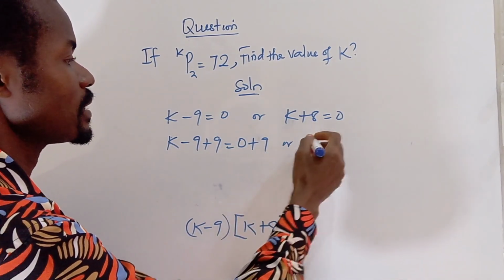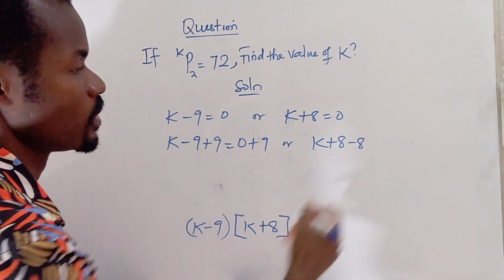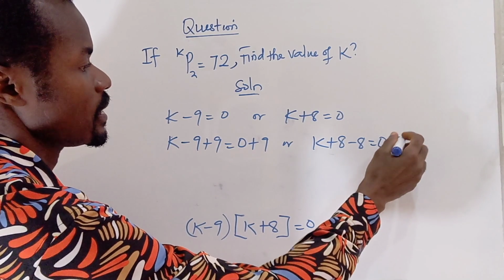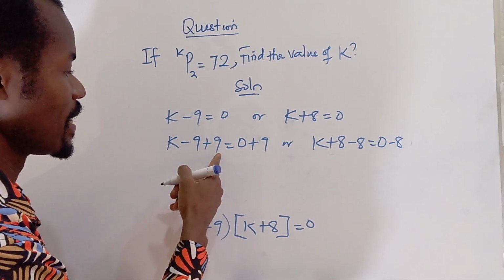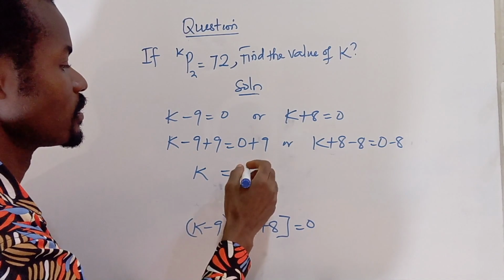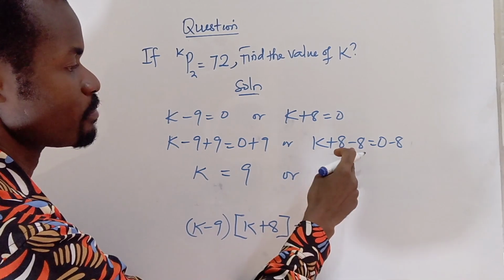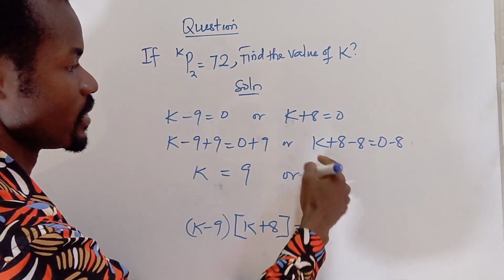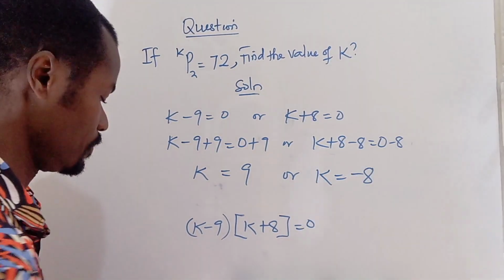Here, since we have positive 8, we are going to put minus 8, so we have 0 minus 8. So minus 9 plus 9 gives us 0, so k is left equal to 0 plus 9, which is 9. Or here we have plus 8 minus 8 which gives us 0, so k plus 0 is k, and we have minus 8.